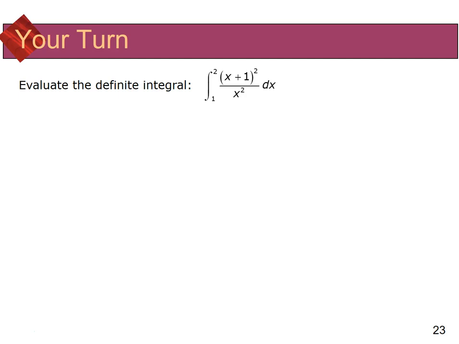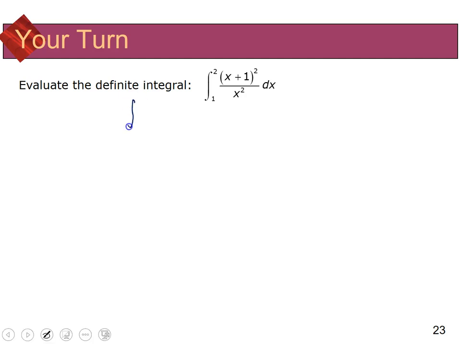So here's your turn. I want you to take a look at this and evaluate the definite integral of (x plus 1) squared over x squared dx, from x values going from 1 to 2. Much like we did with the indefinite integrals, because we did one very similar to this, before I worry about doing any integration, I'm going to simplify the expression first.